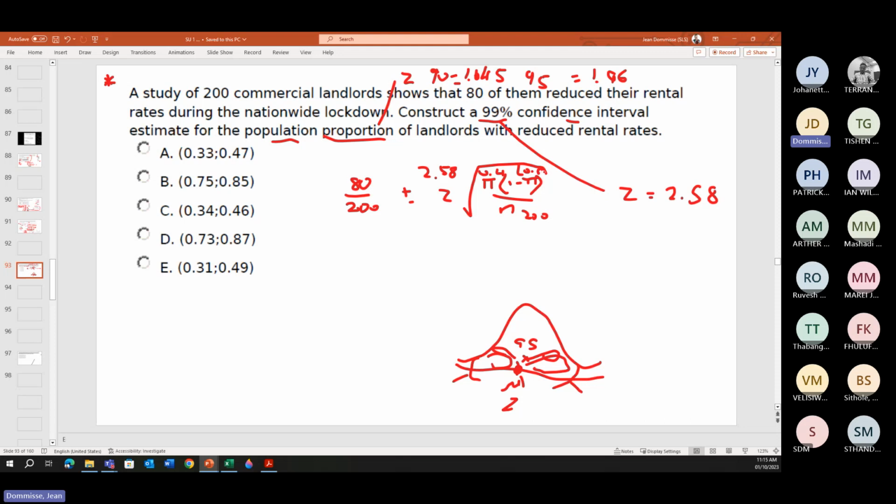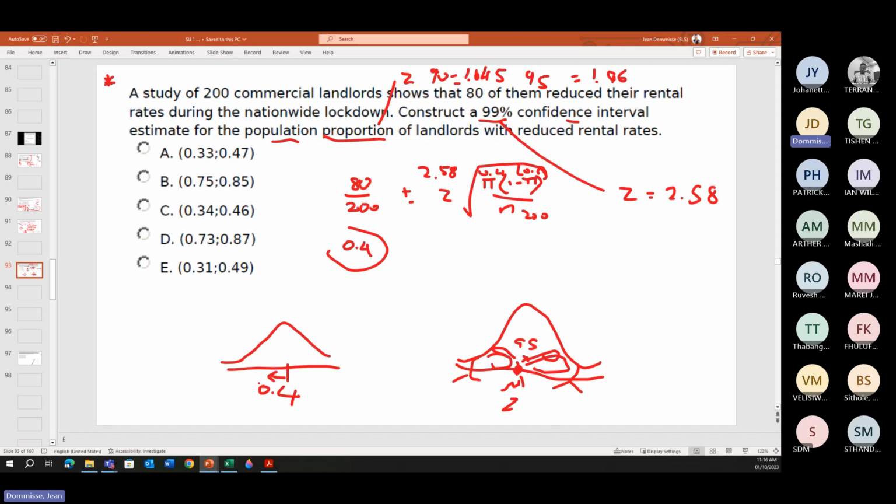So we're not going to work it out, but we know that the one in the middle is 0.4. When that is in the middle, what will happen on that side?